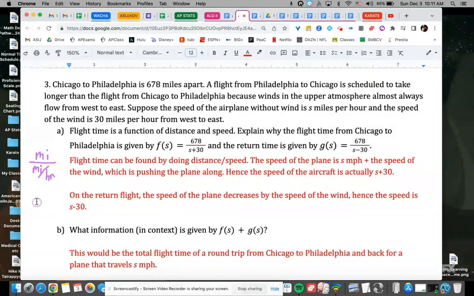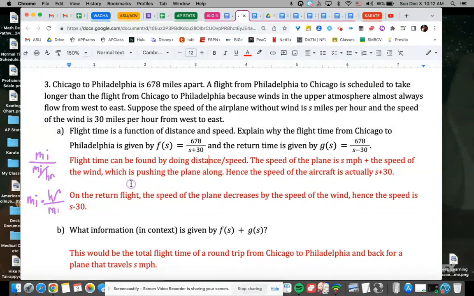I don't know if you remember, but in the previous lesson we did this: if you divide by something, that's the same thing as multiplying by the reciprocal. So instead of dividing by a fraction, this miles per hour, I'm going to multiply by the reciprocal. And I'm just doing it in units right now, so you can see what's going on. I'm not talking about the numbers yet. So you can see here that the miles will cancel and you'll be left with hours.